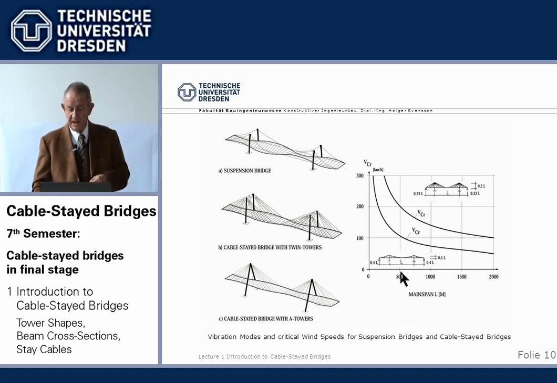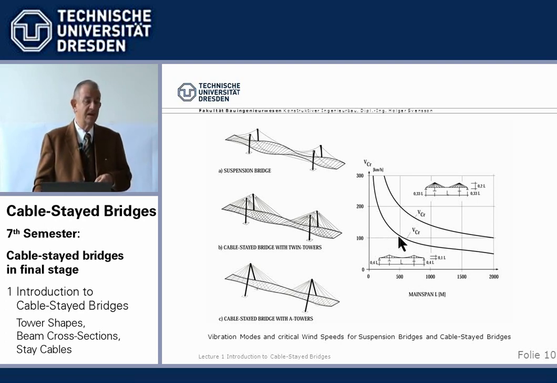If we compare for a main span of 500 meters, the suspension bridge will start to flutter at about a wind of 100 kilometers per hour, and a cable-stayed bridge will start at a wind speed of about 200 kilometers per hour. That simplified example shows you how this improved stiffness of cable-stayed bridges results in the important higher aerodynamic stability, which for spans from 500 up to 1,000 meters is one of the main problems.